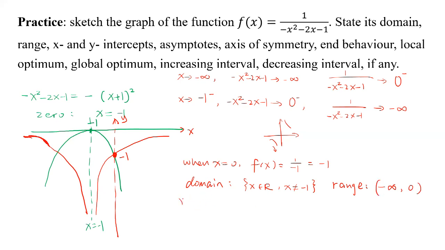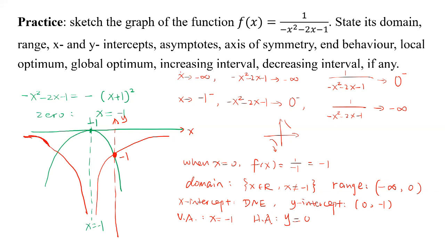X-intercept does not exist. Y-intercept is (0, -1), right? Asymptotes: the vertical asymptote is x equals -1, and the horizontal asymptote is y equals 0, right?